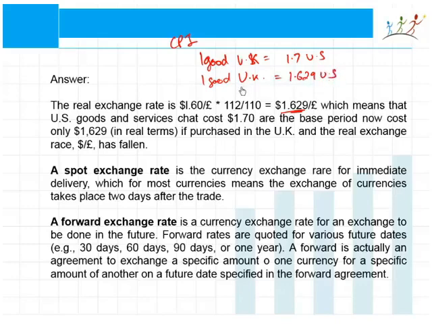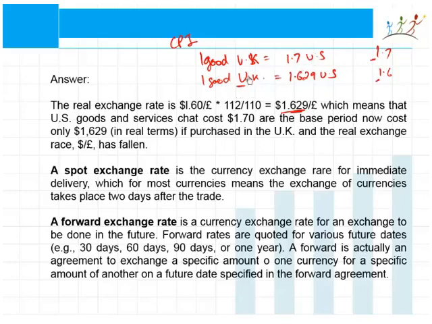So the British pound has depreciated in nominal terms. 1.7 has become 1.6. So 1 pound was earlier buying 1.7 USD. It's now buying only 1.6 USD. It has also depreciated in real terms. That is, one basket in the UK was earlier buying 1.7 baskets in the US of similar goods.